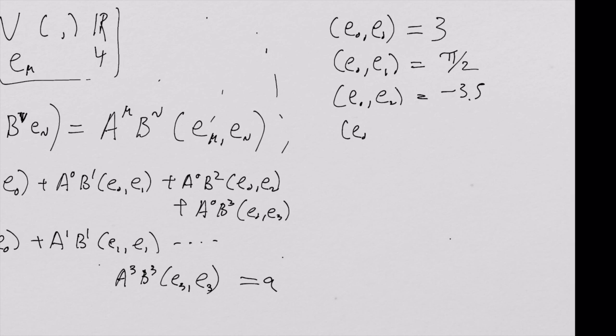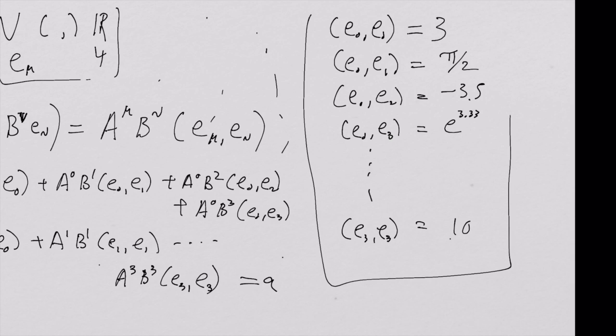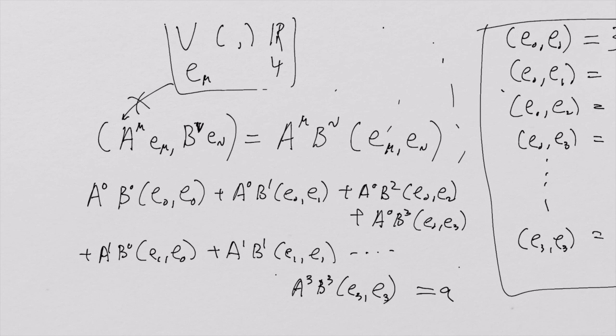And E0, E3 equals, say, e to the 3.33 power. And then I just do this all the way until I get E3, E3 equals, and then I put in some number there, like say 10. And so this activity is me defining an inner product. Because once I've got that, then any two vectors I put in, I can do this calculation.